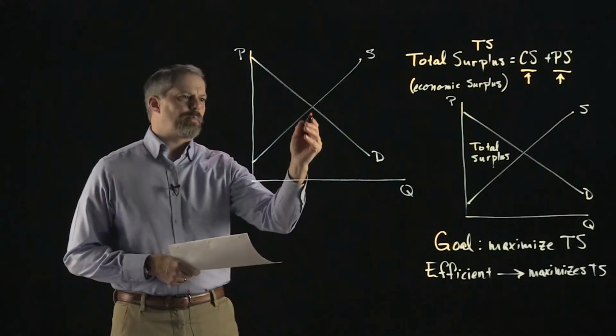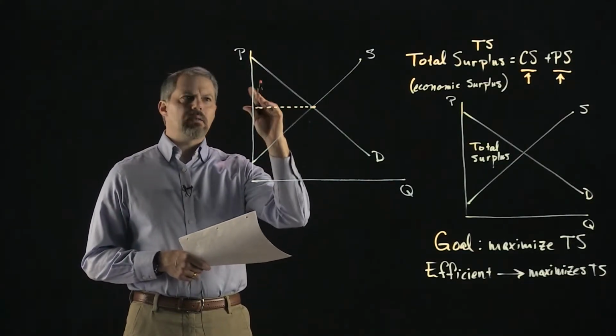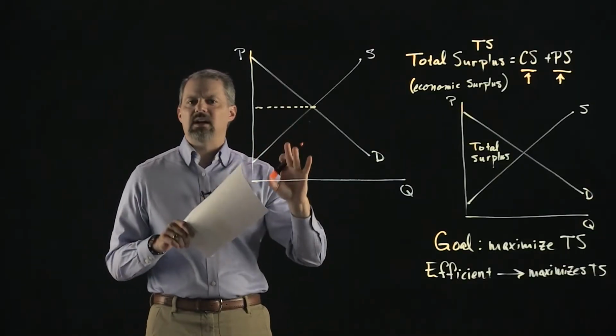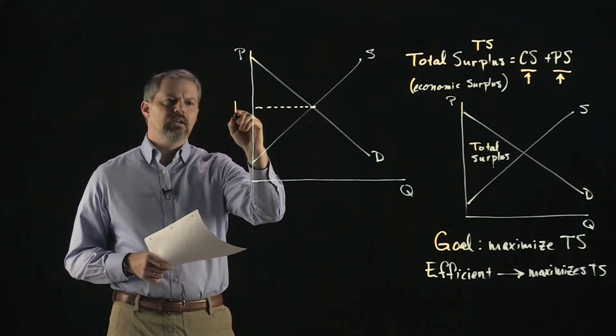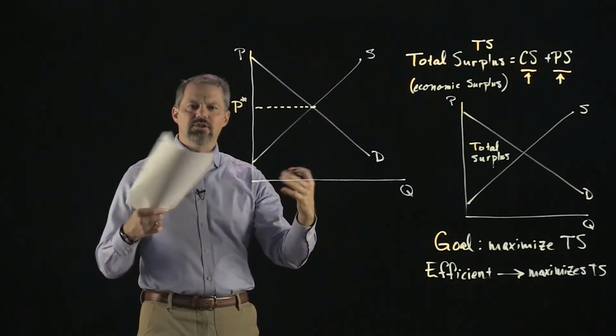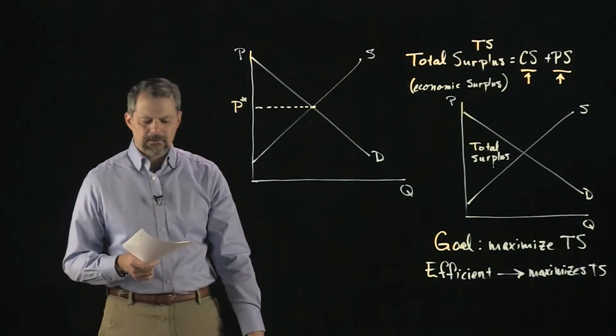We know that the price in a market is determined not by the buyers or by the sellers. We're talking about a competitive market here. Neither the buyers nor the sellers have any control over price. Price emerges as a result of the interaction of the buyers and the sellers.